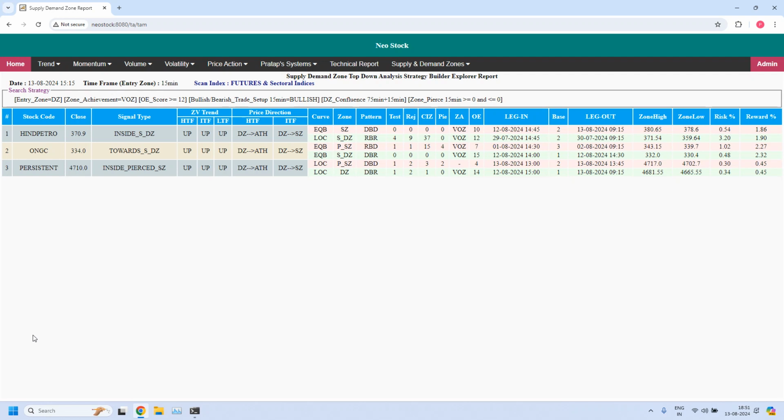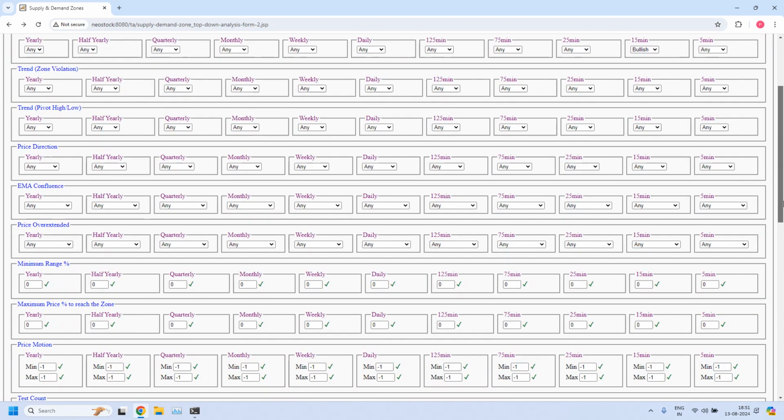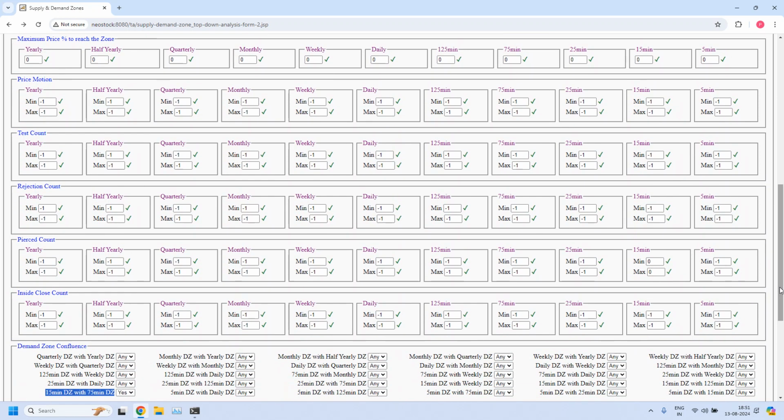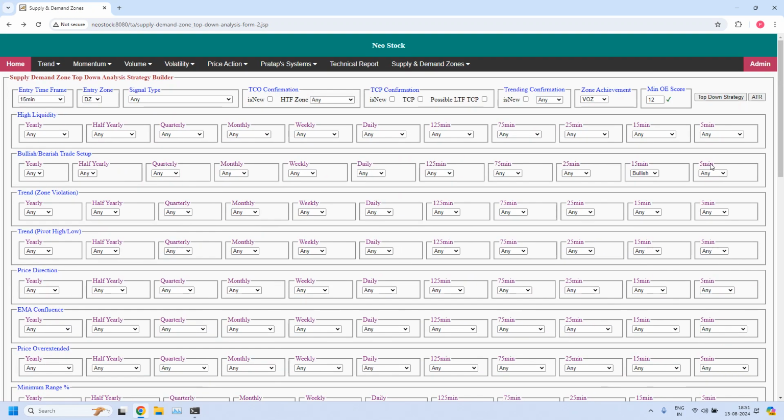Now again, out of these 3, how many are having confluence even with HTF time frame? So I'm going back. So next, 15 minutes demand zone with daily demand zone I enabled, and also 75 and daily also I enabled. All the 3 zone confluences.